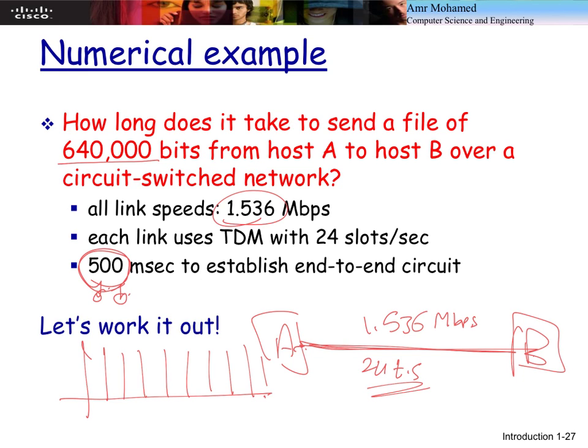So because for packet switching, if 2 users are sending, well, each of them will get reasonable data rates, right? If 3 users are sending, the rate per user will decrease. If 1,000 users are sending at the same time, there is huge amount of congestion.